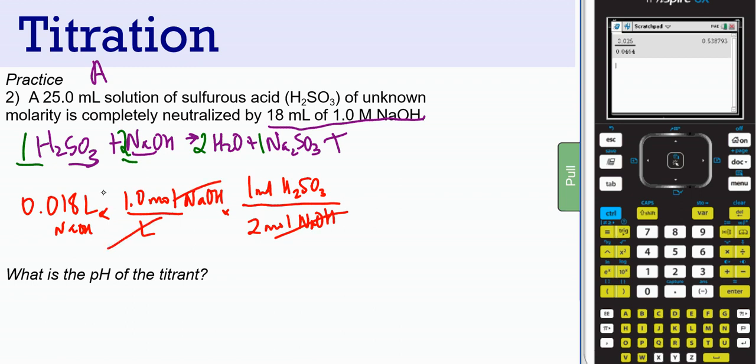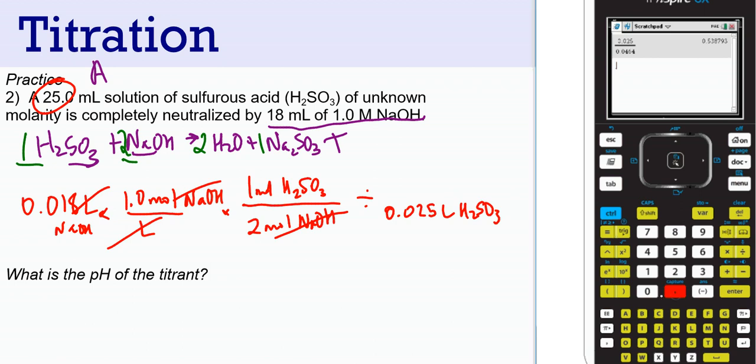Moles cancel, liters cancel. And then all we do at that point is divide by the volume of our analyte, 0.025 liters. Our calculator, 0.018 times 1 divided by 2, then divided by 0.025. And then we get 0.36.